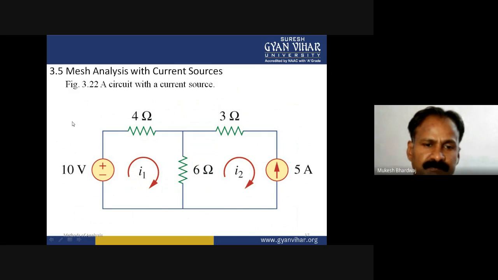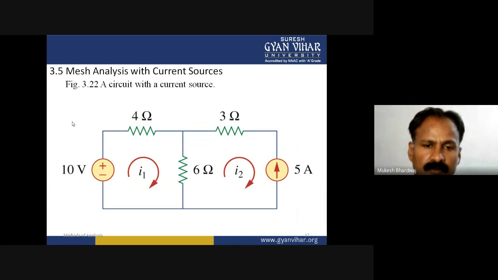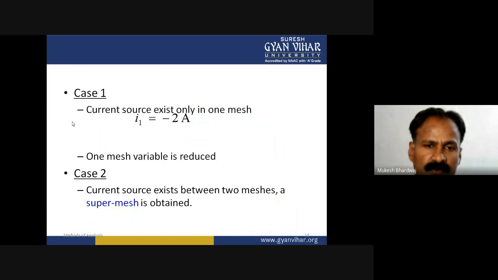Now let's see. Current source exists only in mesh 1. Voltage source exists in mesh 1.